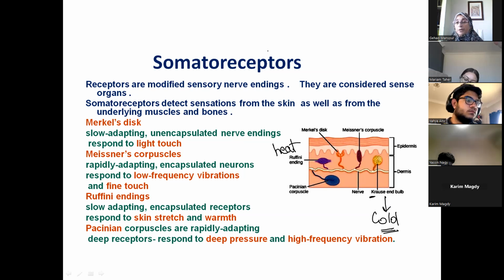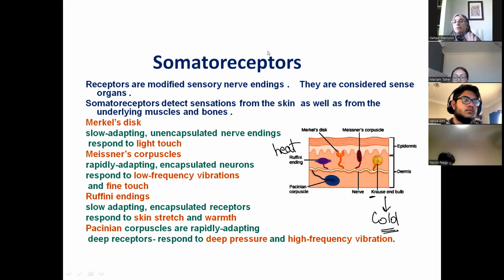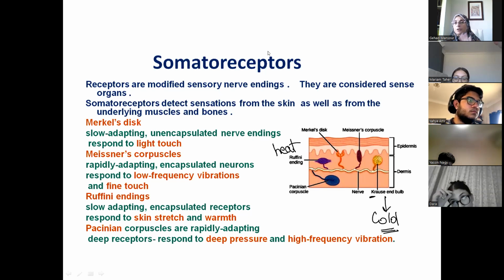It is an encapsulated nerve ending, and that's why if the patient closes his eyes... In the tests of the nervous system, when you do a neurological examination to a patient, part of the neurological examination is that you want to make sure he has adequate sensation. So what do you do to make sure he has adequate sensation?